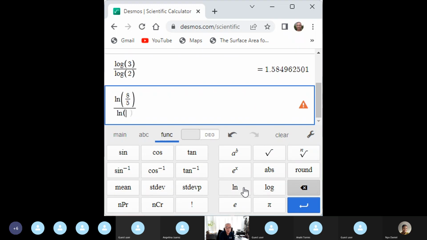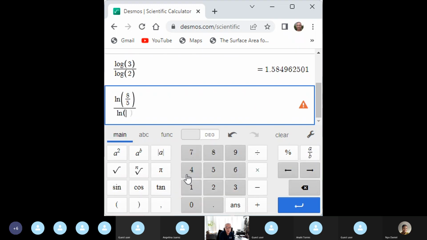I am doing well or no? Bam, look at that. 0.22260239684. Maybe you put the wrong parentheses. Yes, now I got the right answer. Super. Thank you.